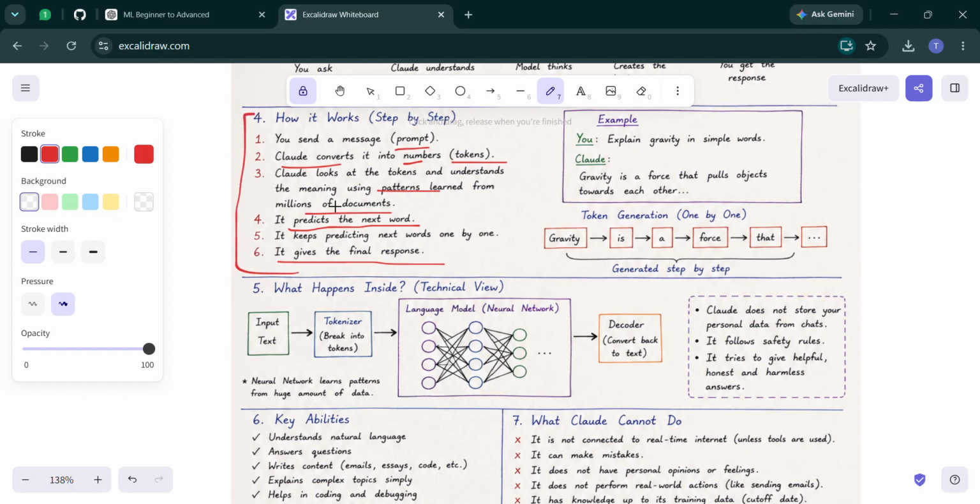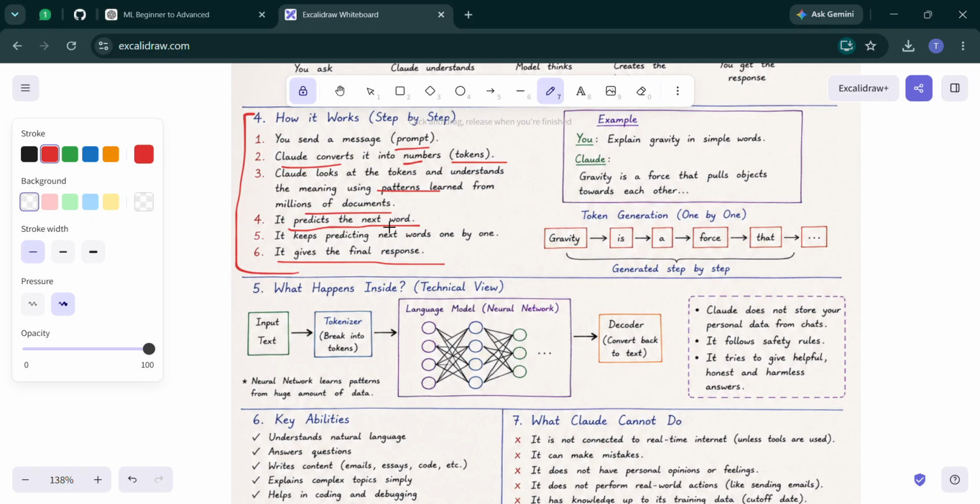To recap: the user sends one message, and Claude converts that message into numbers. Then it uses those numbers to understand the meaning and to search its patterns, learned from millions of records.